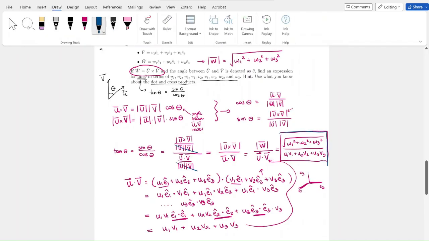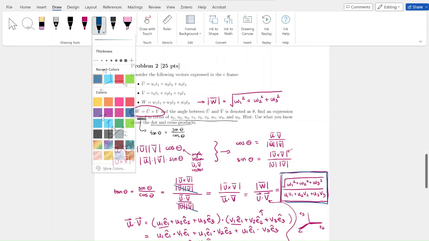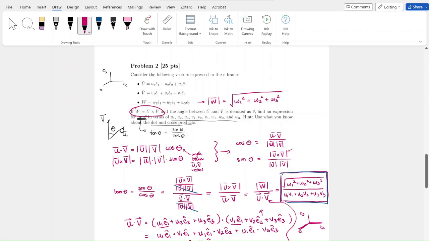So, just to recap what we did. First, we looked at these vectors, and it was slightly scary because they're a bit complicated looking. We know that we need to find the tangent of theta. Tangent of theta is equal to sine theta over cosine theta.